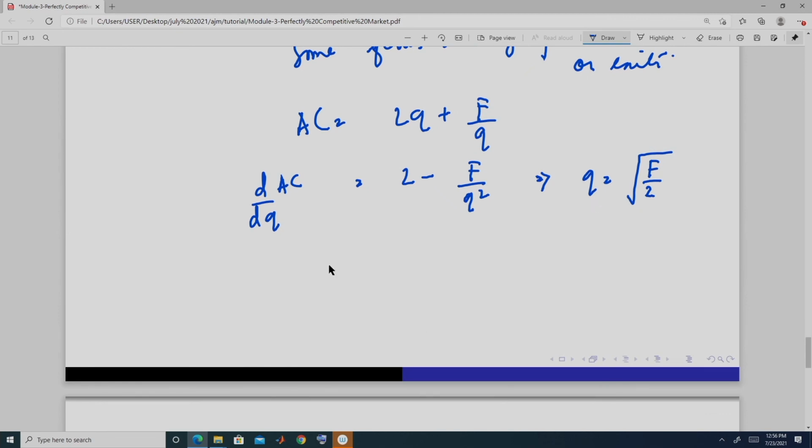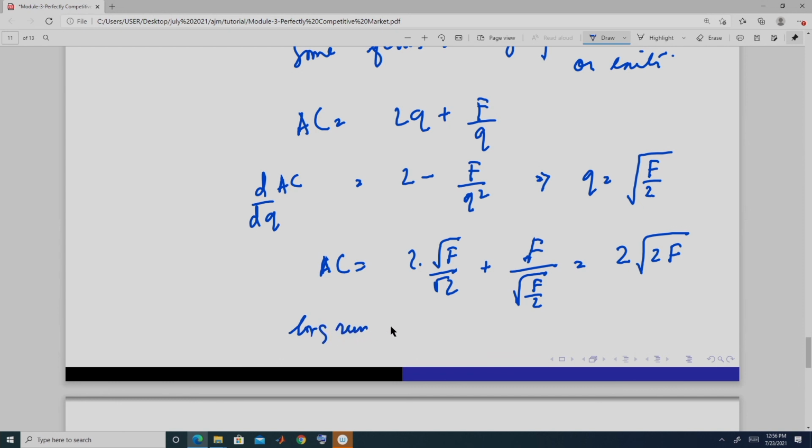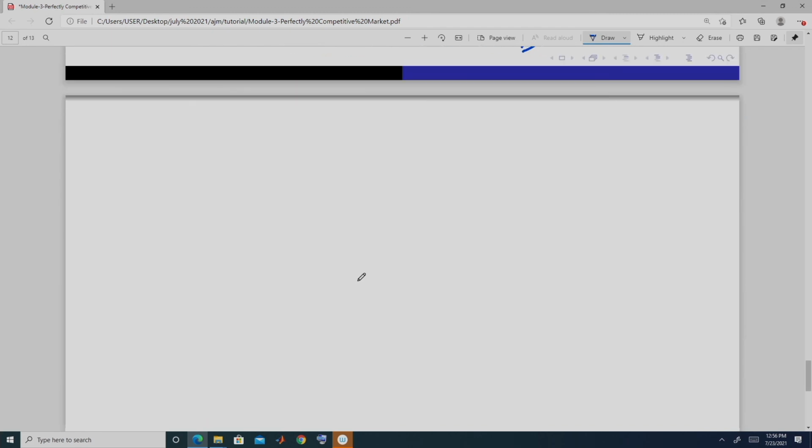So, if this is the Q, what is the AC? This is equal to 2 times this. So, the long run price is this.